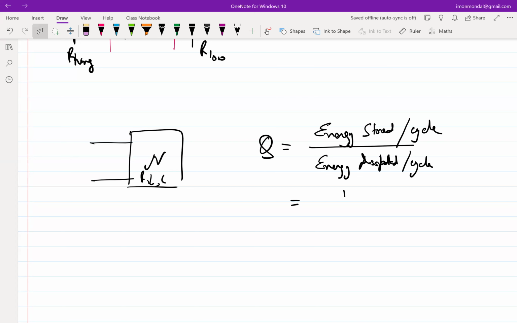Or in other words, power stored by power dissipated. The slightly nuanced definition is maximum power stored by power dissipated, but for our case, we'll stick to power stored over power dissipated, right?